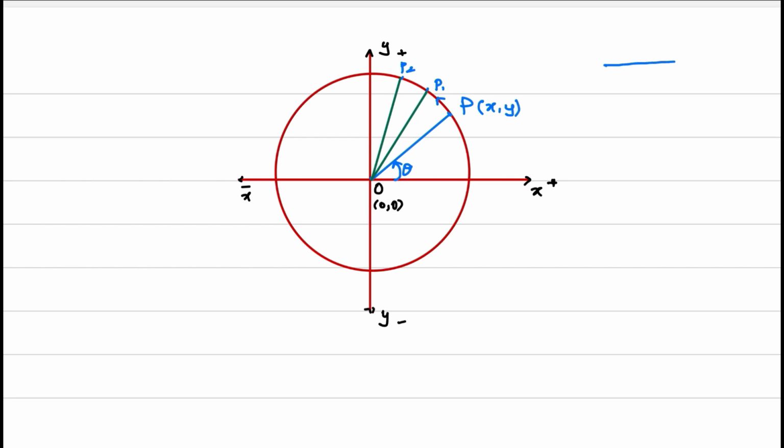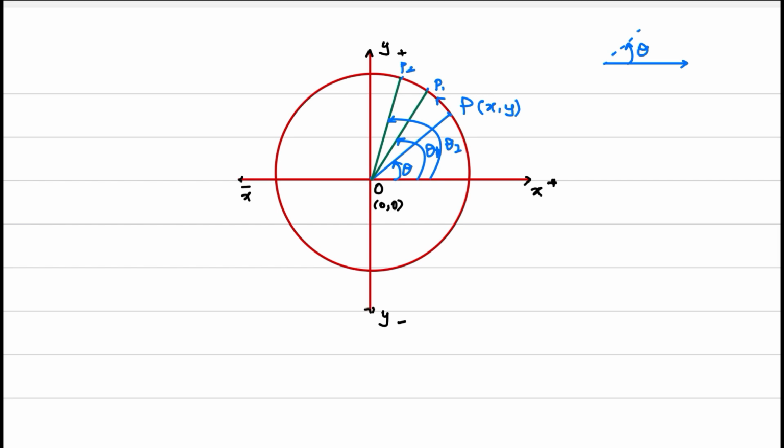This is the horizontal x-axis. Theta is measured in anti-clockwise direction from the positive x-axis. And for P1 the angle will be theta 1. For P2 the angle will be theta 2. Are you able to understand?